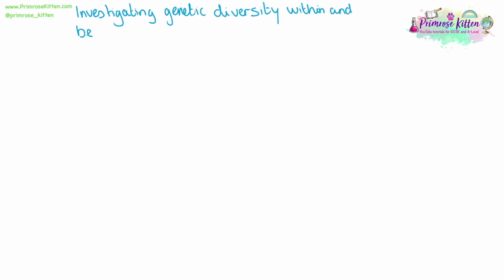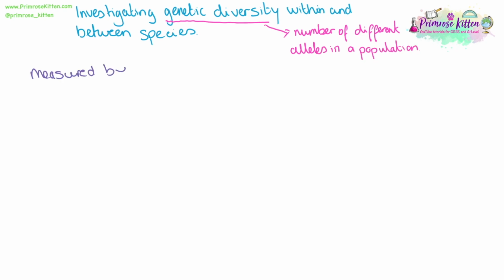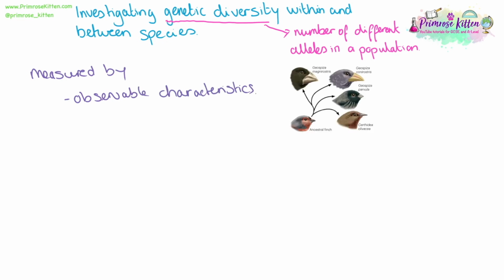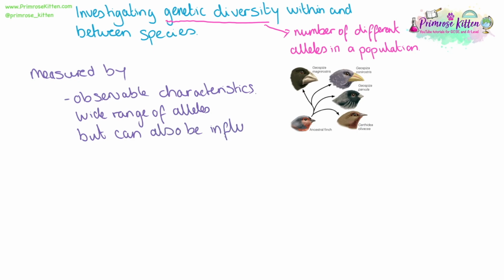When we are looking at investigating the genetic diversity within and between species, there are a number of ways we can measure this, but it could be measured by observable characteristics, such as beak shape. These are influenced by a wide range of characteristics, but they can also be influenced by the environment, for example, someone's weight.